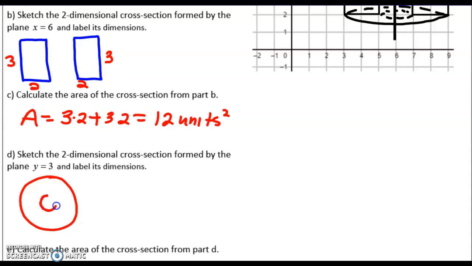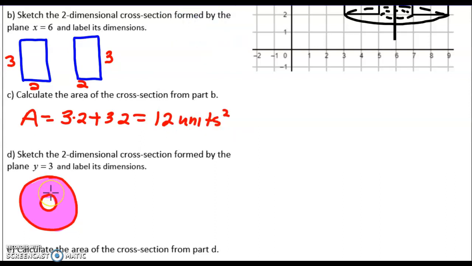But we have a circle inside a circle, remember. So my base has an open circle in it. Isn't that cool?